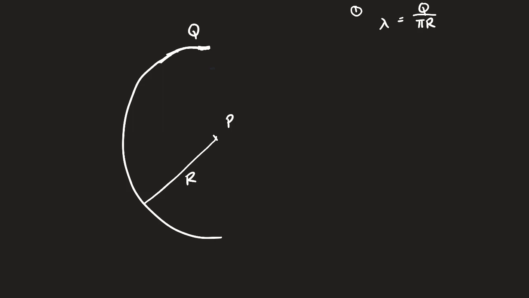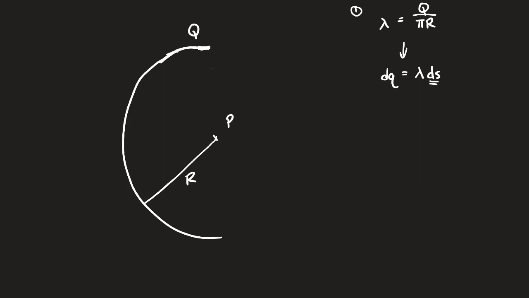Now, the reason why we need a charge density is because later on, we're going to be expressing our piece of charge in terms of geometry. So later on in the problem, I'm going to want to replace dq with lambda ds, where ds represents a small length of charge.